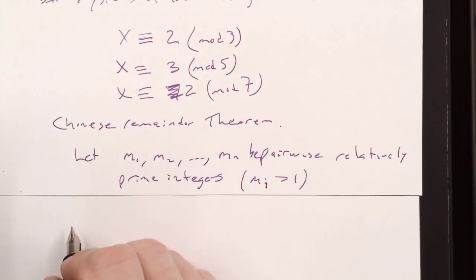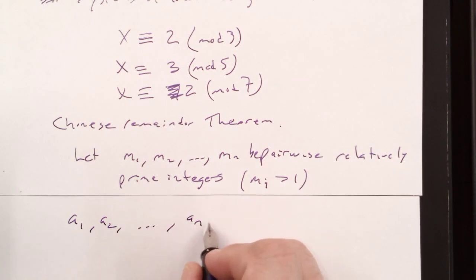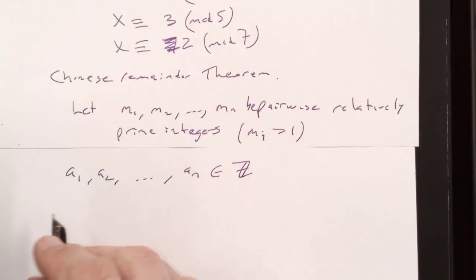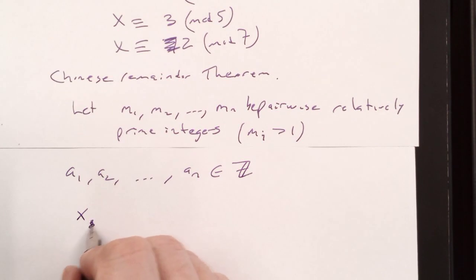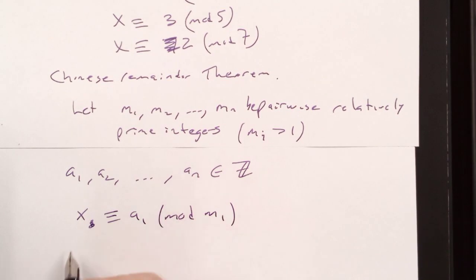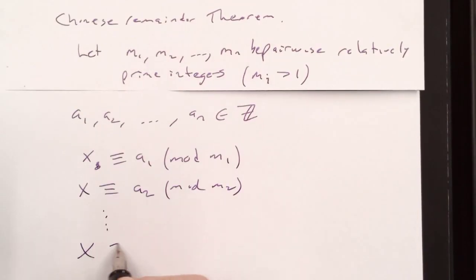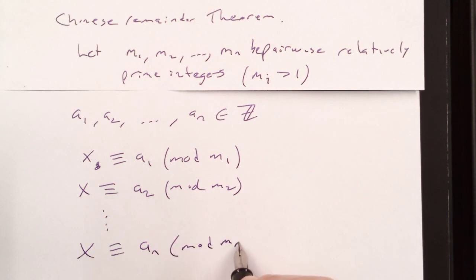And then we're going to let A1, A2, all the way up to AN just be integers. And we want to solve X is congruent to A1 mod M1. X is congruent to A2 mod M2, all the way down to X is congruent to AN mod MN.